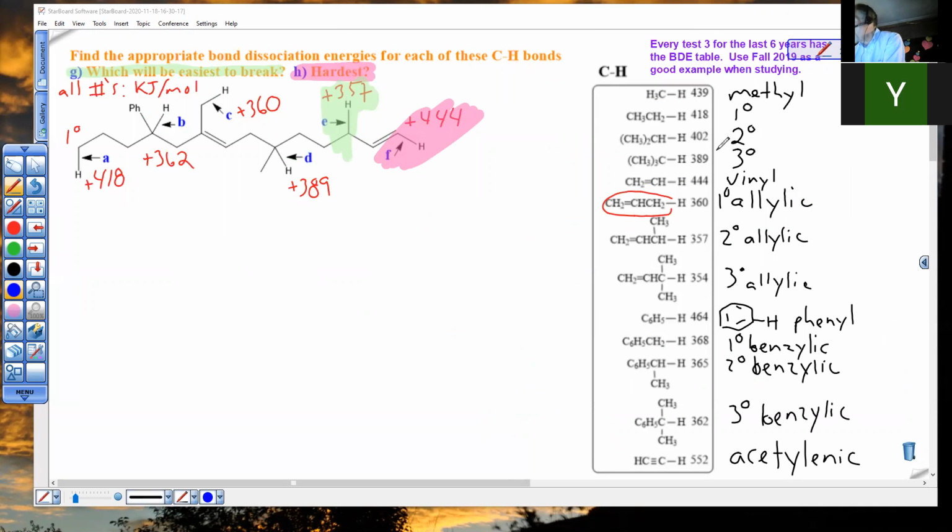Let's see, we wanted primary, which is 418. Vinyl was H on C, 444. And secondary allylic, 357. Can I remember three numbers anymore?